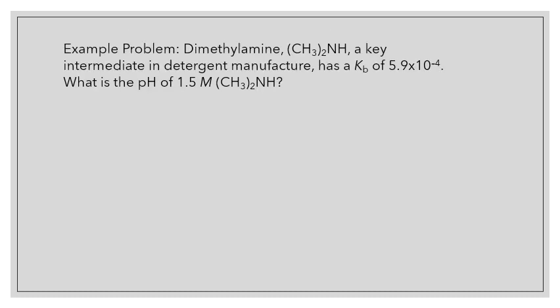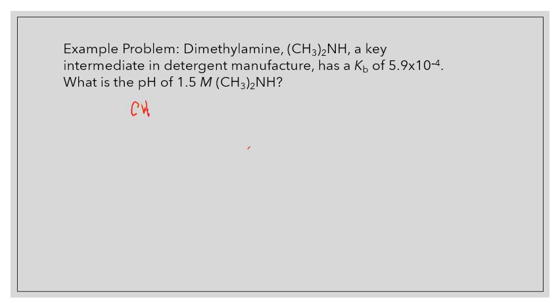Okay, so we will now look at an example problem. We have dimethylamine, CH3 twice NH, a key intermediate in detergent manufacture, has a Kb of 5.9 times 10 to the negative fourth. What is the pH of the 1.5 molar dimethylamine solution? So I'm going to set up my reaction here.